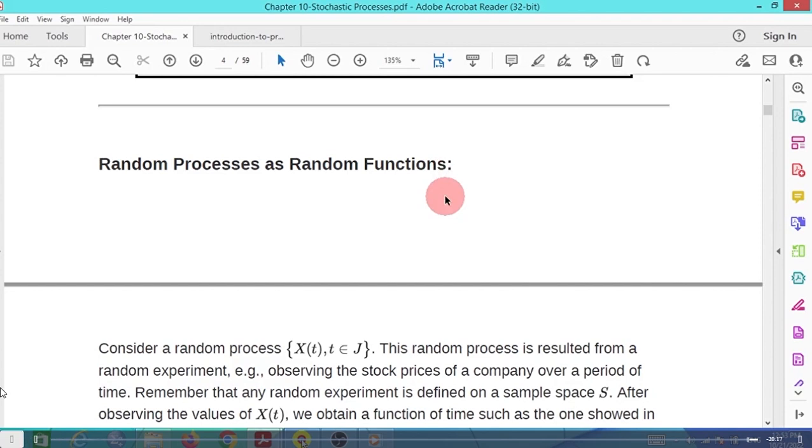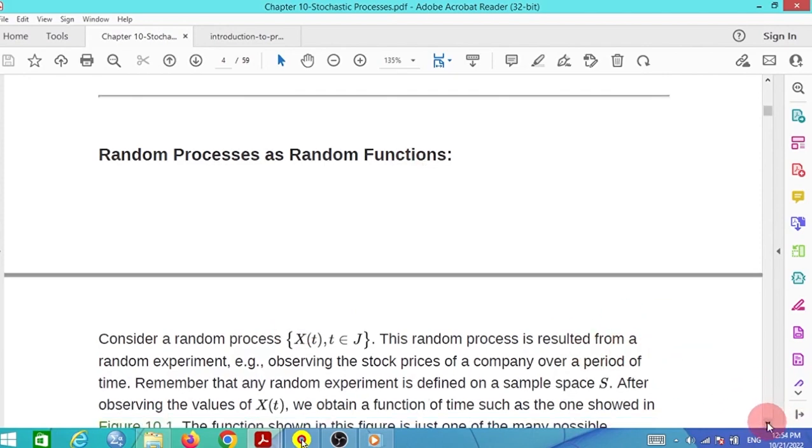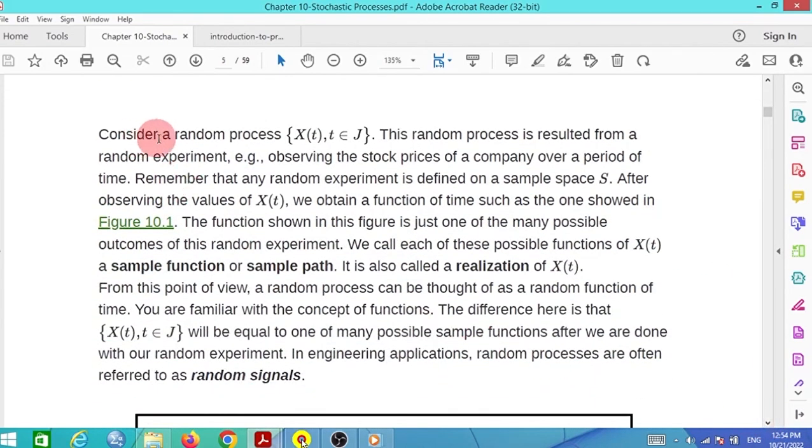We can show any random process as a random function. A random function is a function that takes its value at random. So consider a random process xt, t belonging to G. This random process is a result of a random experiment.